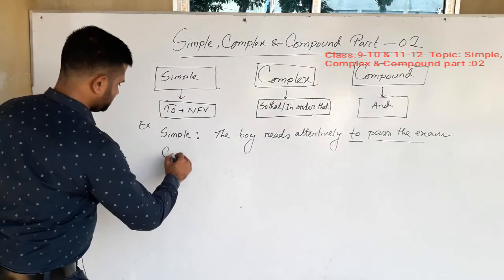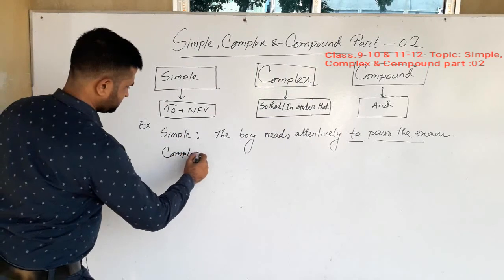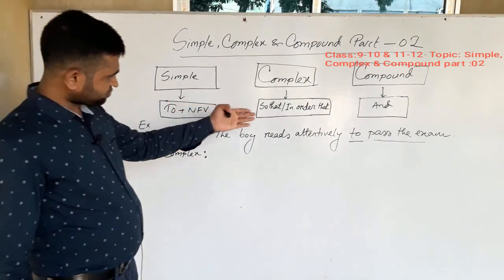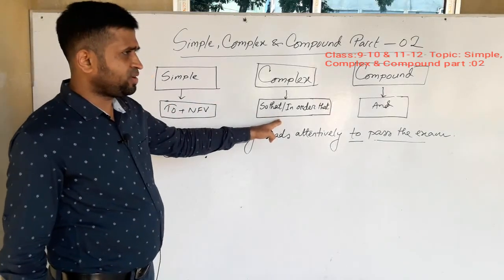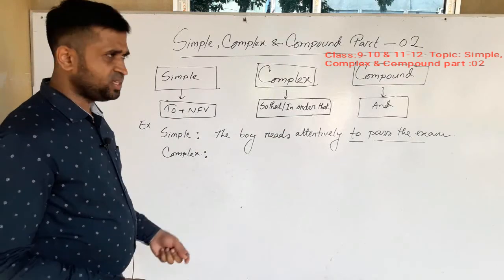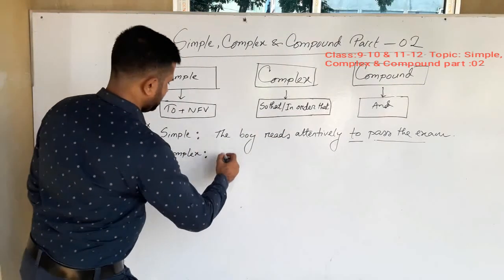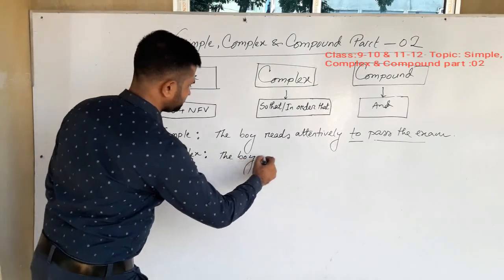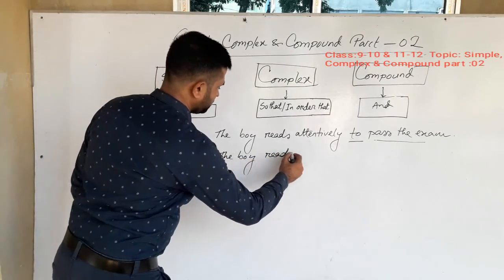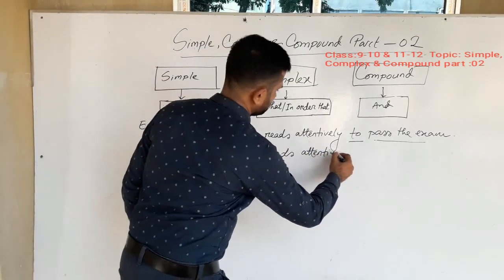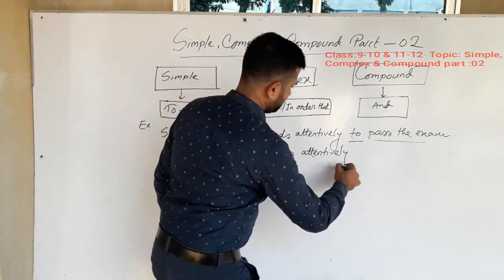Here, complex sentence. Yes students, we have written so that, or in order that. How can we use these words? Complex sentence. The boy reads attentively.